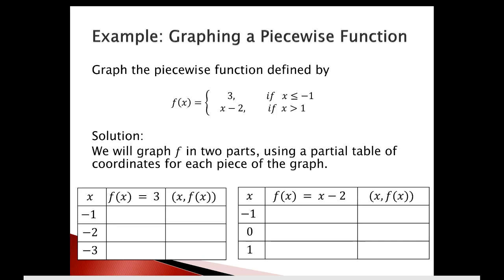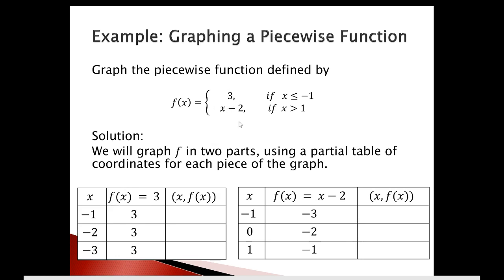Here we can select the values of x: -1, -2, -3, and also here we select x: -1, 0, 1. For these x values, we can calculate the value of f of x for the first equation. In this case, f of x is equal to 3.